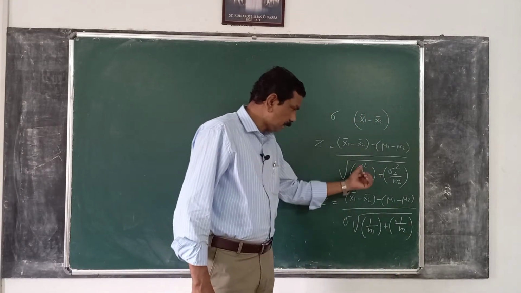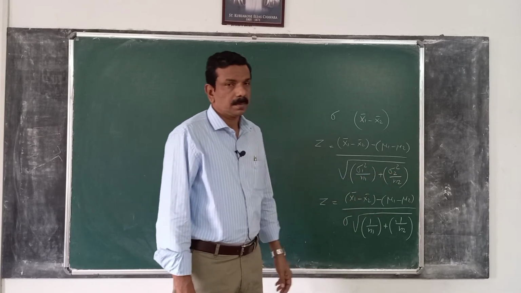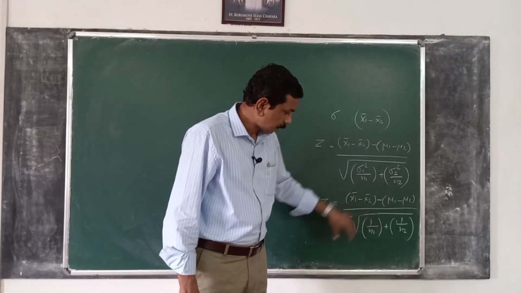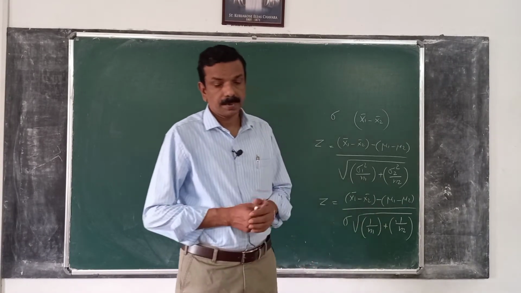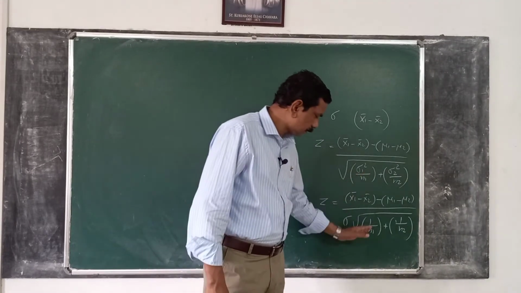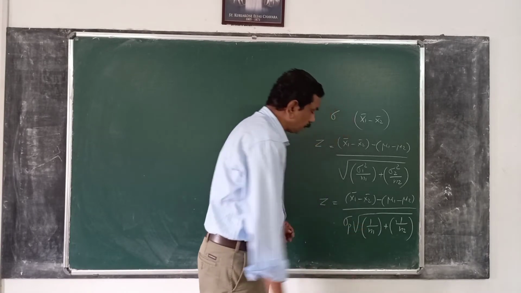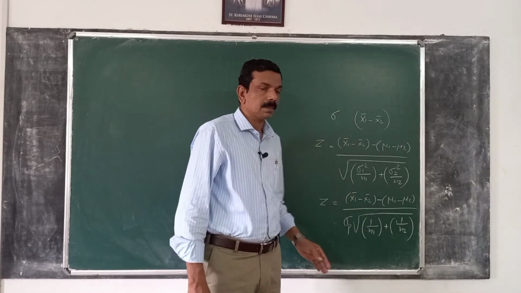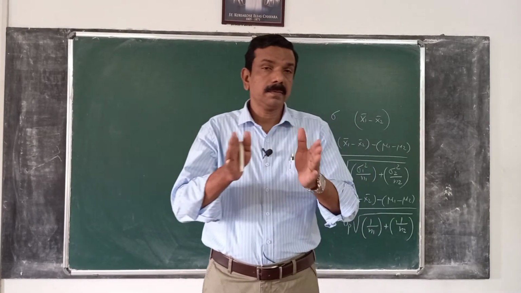This common sigma replaces sigma 1 square and sigma 2 square, and it is taken out. And for this we use the notation sigma p, pooled, because it is assumed that the standard deviation of both the populations is the same.